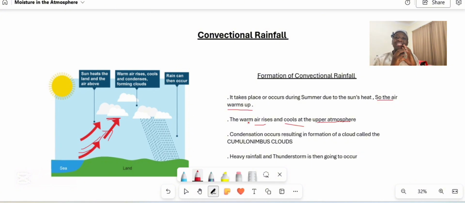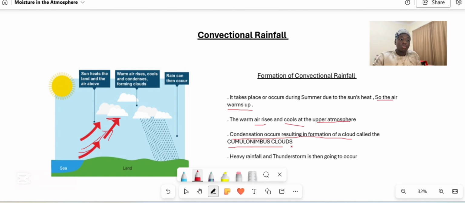Then condensation will take place. Simply, condensation is warm air forming clouds. Condensation occurs, resulting in the formation of a cloud called the cumulonimbus cloud. I have discussed the types of cloud in my past videos, and I'll put it in the description below. Make sure to check it out.